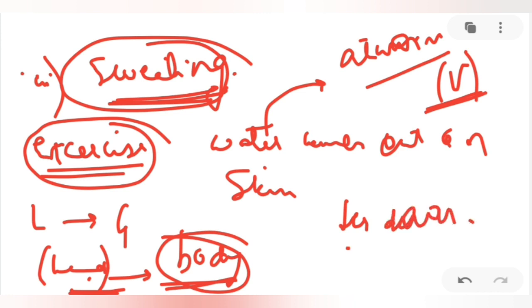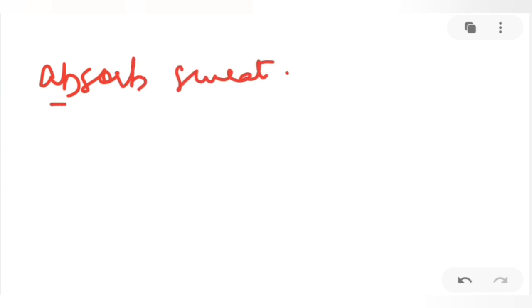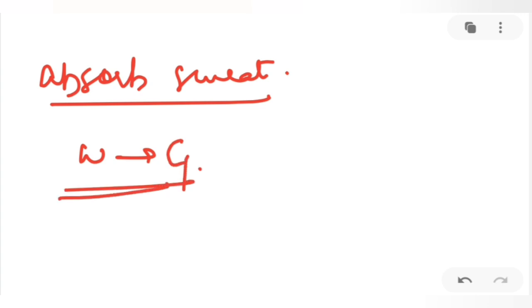cool and comfortable. And this is the reason why we wear cotton clothes in summer, because cotton clothes absorb sweat, and when they absorb sweat, the water comes on the clothes. So when the wind is blowing, it is taking this water from the clothes into the vapor form or the gaseous form, taking away the heat from the body.